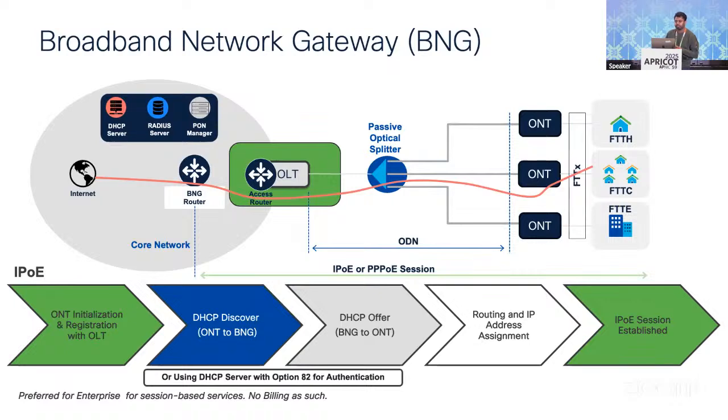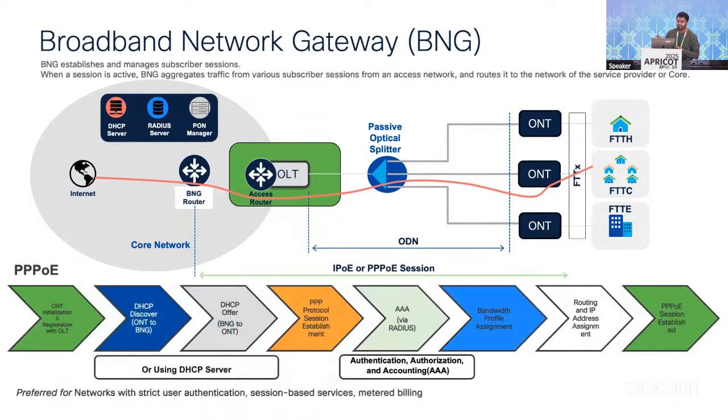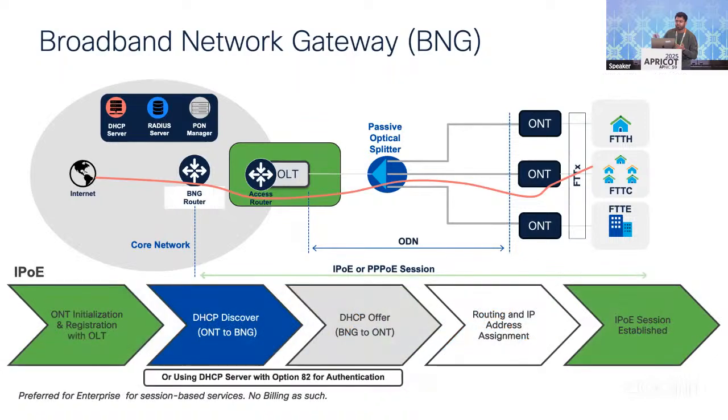Now, the previous one that we talked about, the PPPoE authentication, is specific to when your session is based on metered billing. Maybe you want to have subscriber management and authentication specifically in the case of end users or broadband customers. And when you want to have it deployed in what we call an enterprise environment, then you can use the IP over Ethernet session or protocol.